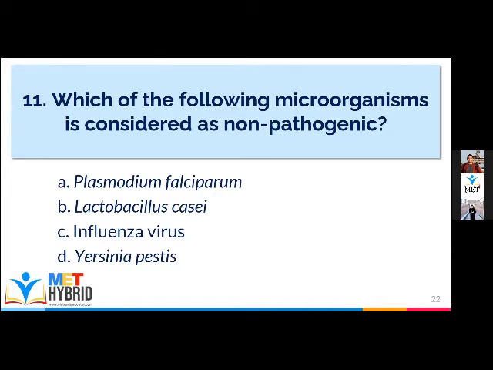Letter B, Lactobacillus casei. Your Lactobacillus casei is actually the bacterium present in our Yakult drinks. So when you say non-pathogenic, the other term is probiotic. They are the good bacteria fighting the bad bacteria. So eventually your A, your C, your D, these are pathogenic.